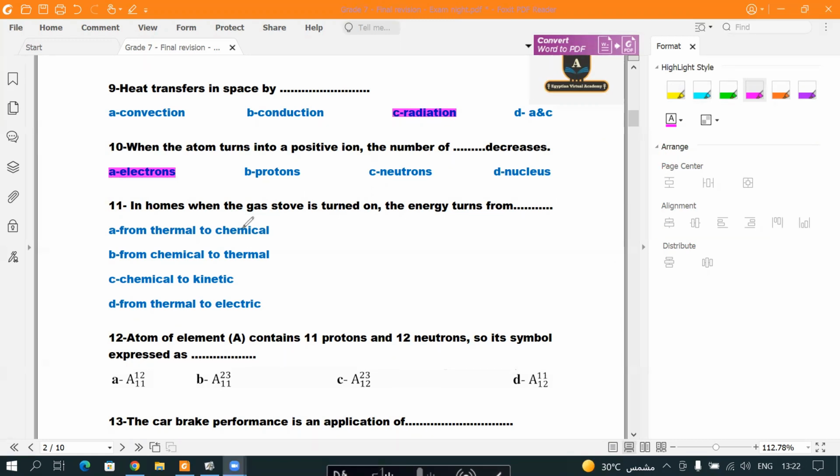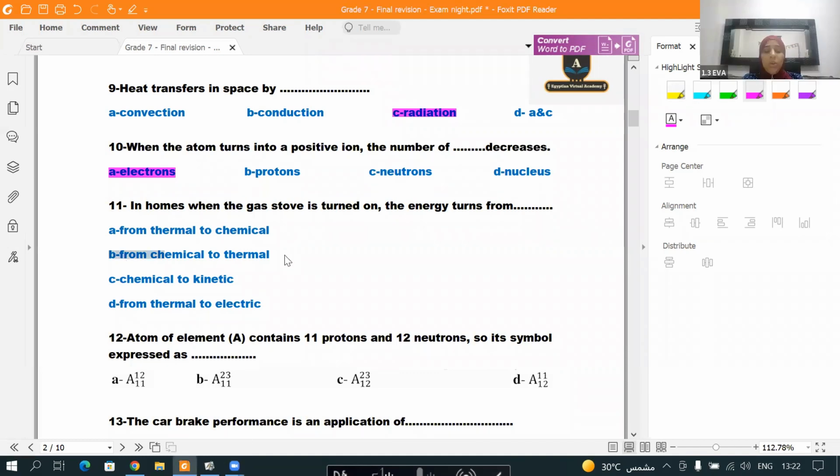When the gas stove is turned on, the energy turns from what? Chemical to thermal. Yes, very good. Chemical to thermal.